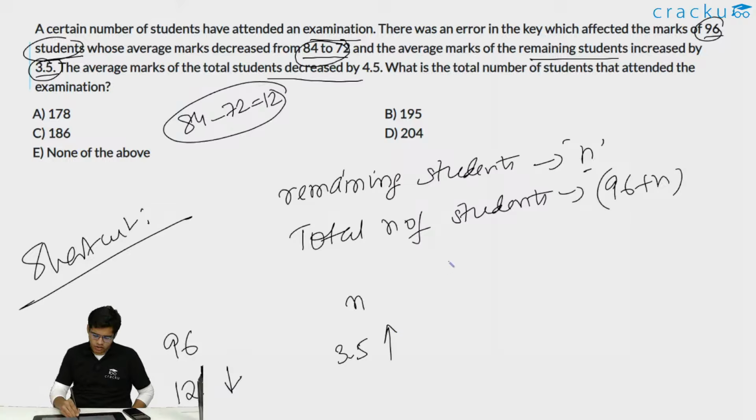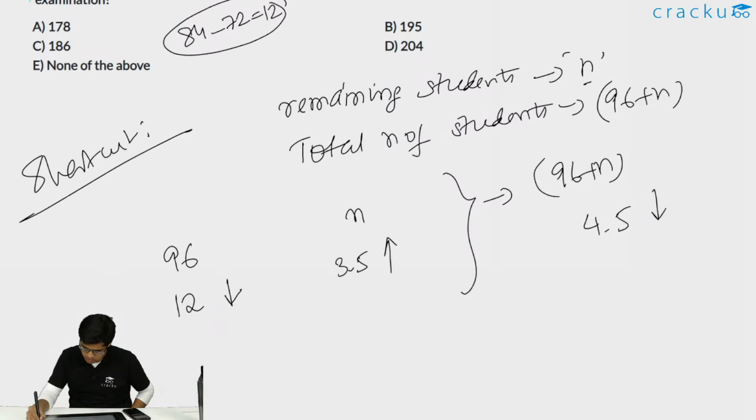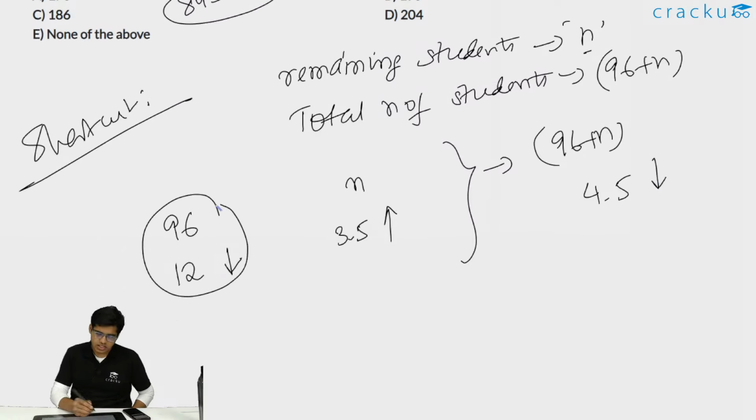And overall, what is happening? Overall picture is that average marks of the total students decreased by 4.5. Total number of students is 96 plus n. So for them, average marks is decreasing by 4.5. Which means total decrease here is minus 96 into 12.